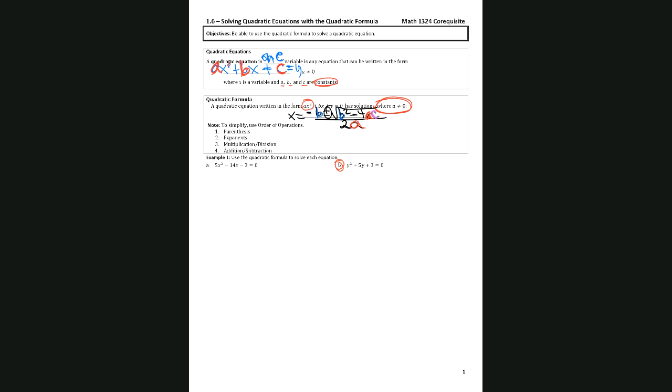So we also have to follow order of operations, and that's what I'm going to be doing throughout this video. So we start with example 1a, and the first thing that I recommend, in fact, if you are my student, you must do this: you need to write down what the coefficients and the constant term will be. So a is equal to 5, b is equal to not 14, but negative 14.